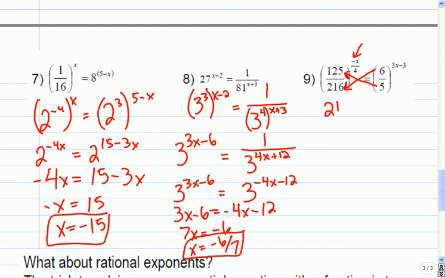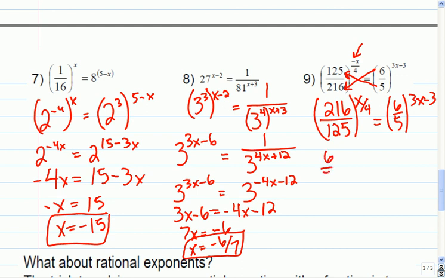It's actually going to help us out, because now that I flipped the fraction, the negative is back to positive for the exponent. And 6 over 5 to the 3x minus 3. So, we're working with cubes here.